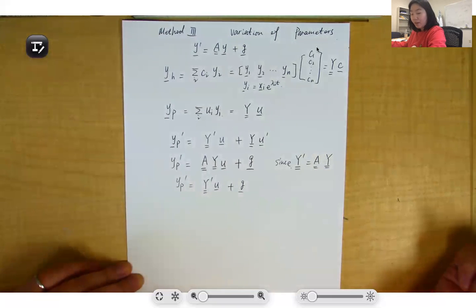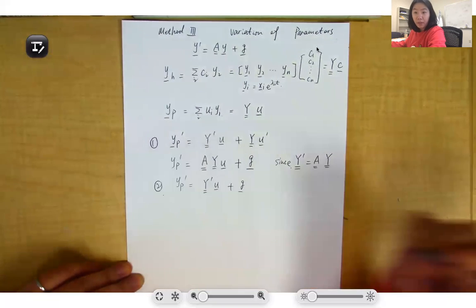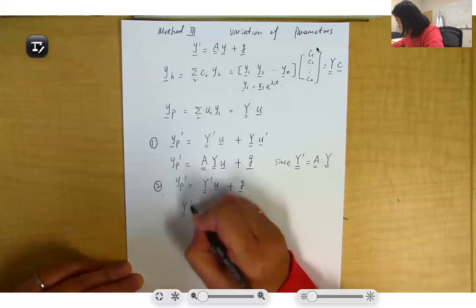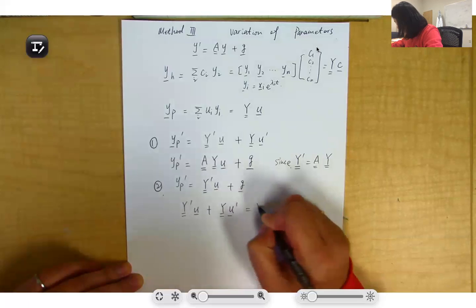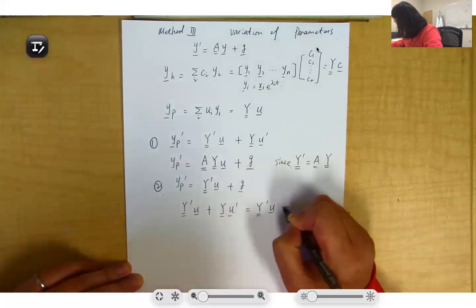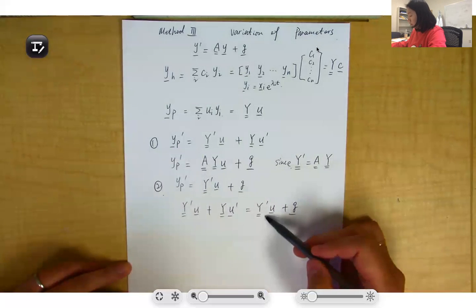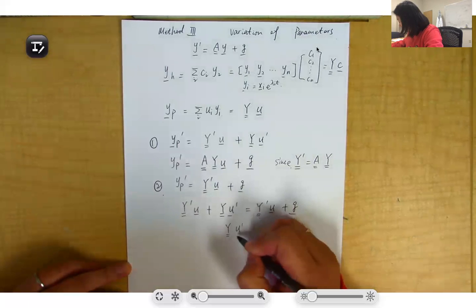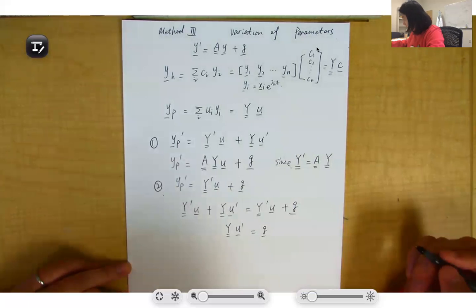Okay, then this equation 1 here and equation 2 here are equal to each other. So y prime u plus y u prime equals y prime u plus g. Then the first terms are equal to each other. Y u prime will be equal to g. Then what is u prime?